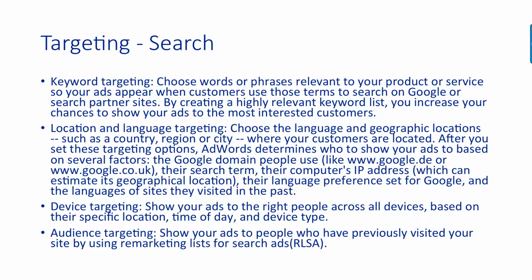Whenever you're targeting within the Google search network, there are several ways in which you can target. The first and most common way is keyword targeting. You choose the keywords and phrases that are relevant to your product or service, and when a user types those into Google, your ad will appear. In this sense, it is based on your position.